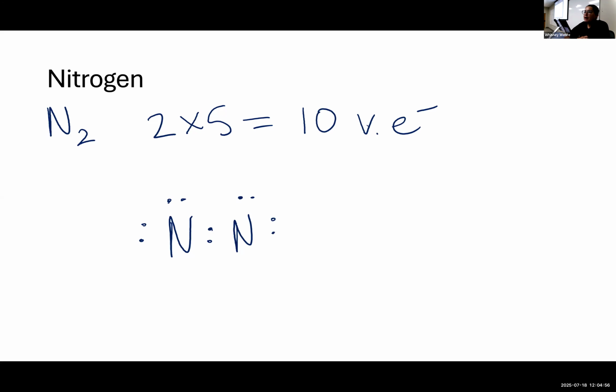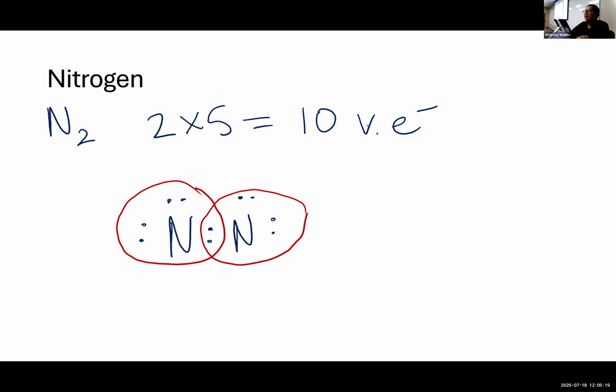Just by looking at them, I can tell that each of these nitrogens, the way that I just drew it, does not have a full octet. The way this is drawn, this nitrogen has 6, and this nitrogen has 6. I won't say exactly something's wrong.